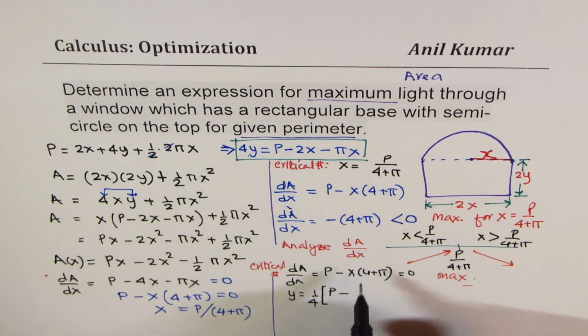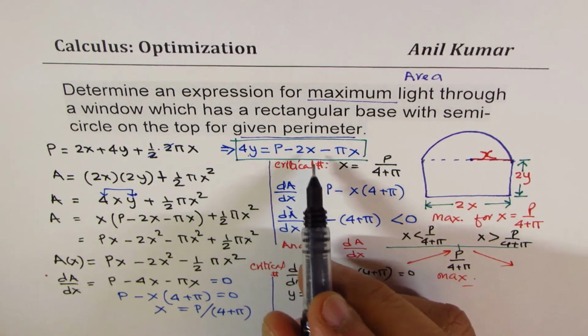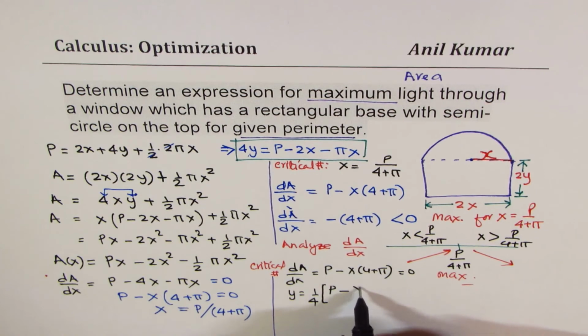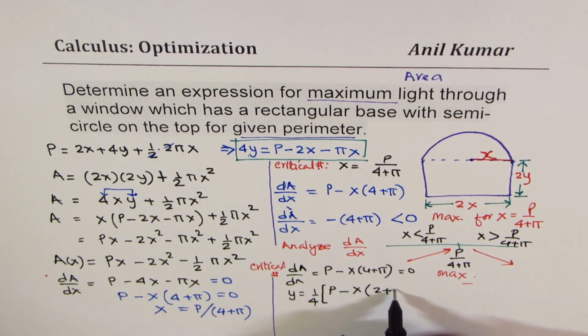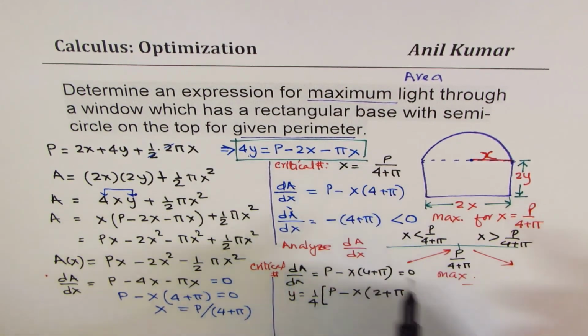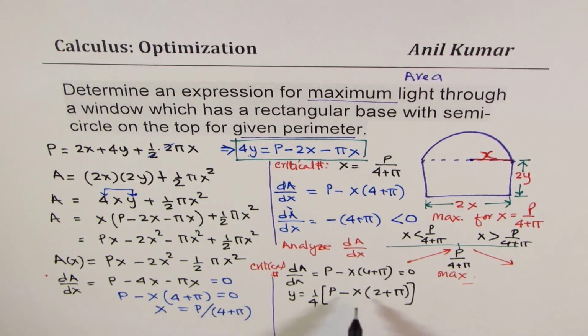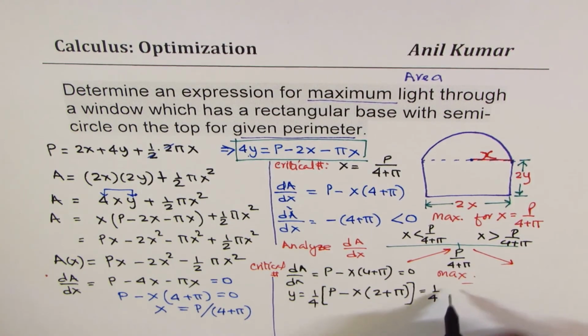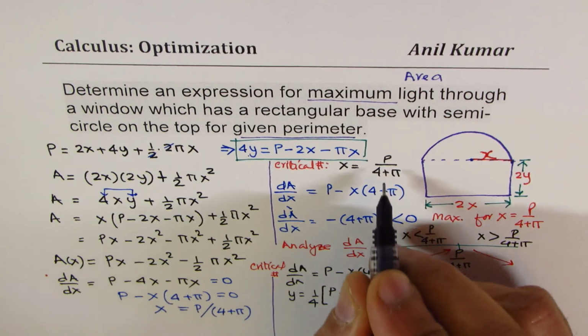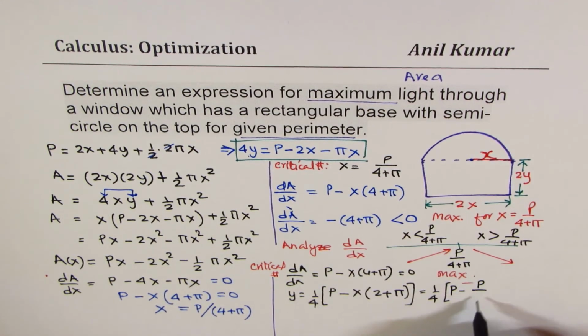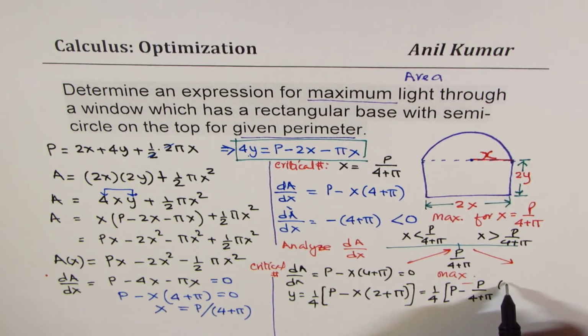We could write this by taking x common, so we get x times (2 plus pi), correct? Now if I substitute x as p over 4 plus pi, what do I get? So I get 1 over 4 times perimeter minus, instead of x, I'm writing p over 4 plus pi, and we have 2 plus pi here.